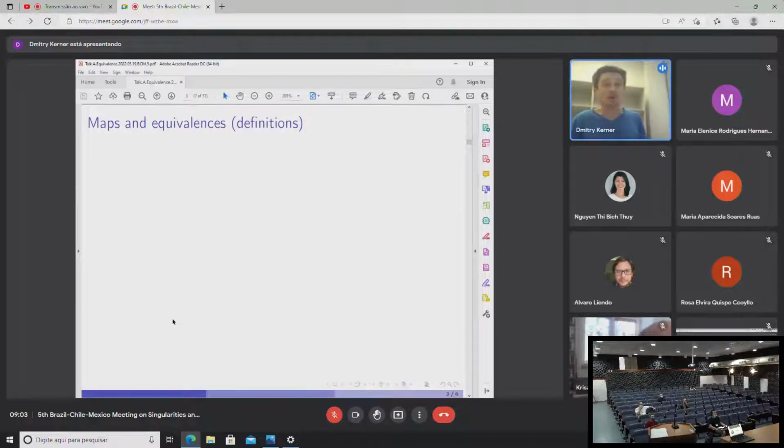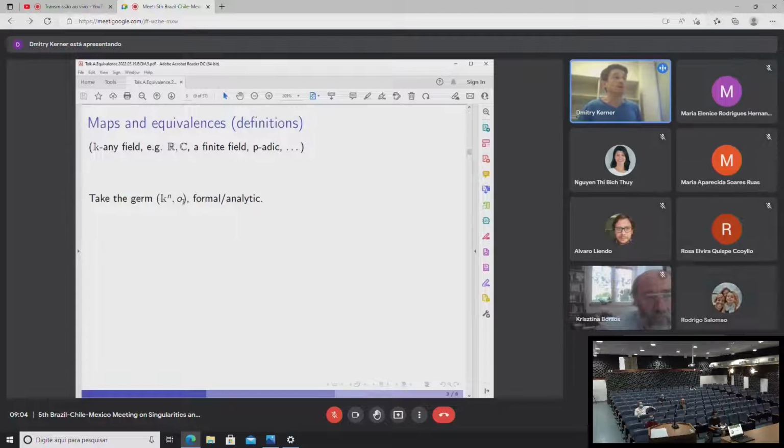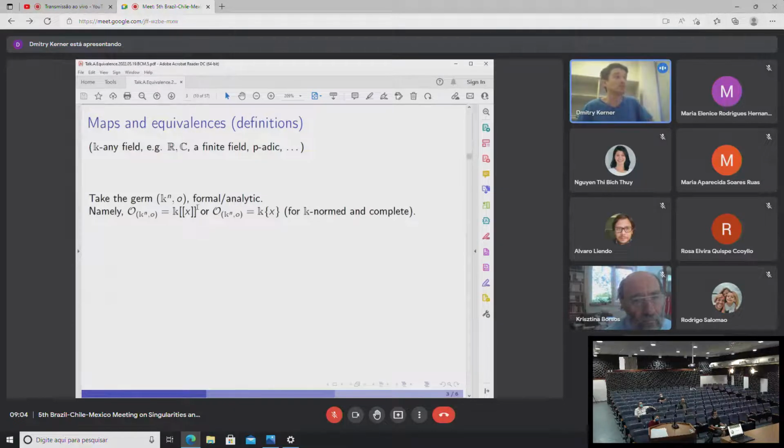So let's start from the very beginning: maps and equivalences. K will be any field. For example, if you prefer, real or complex numbers, or maybe a finite field in positive characteristic, or maybe p-adics, or whichever field you would prefer. Take the germ of the affine space at the origin. I will take the germ formal or analytic. To specify the germ, I will explain what the local ring is.